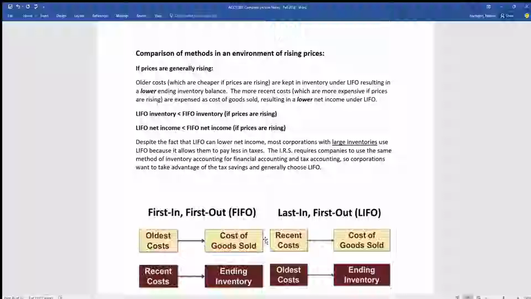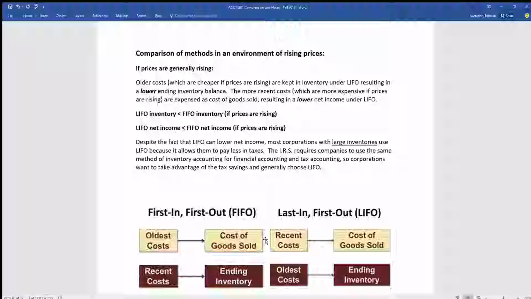If the older costs, which are the cheaper prices, are rising and the business wants to keep their inventory under a LIFO method, which basically means lower ending inventory balance, but also lower net income, which is good. If it's the other way around, we would want to do FIFO. FIFO will end up being lower.